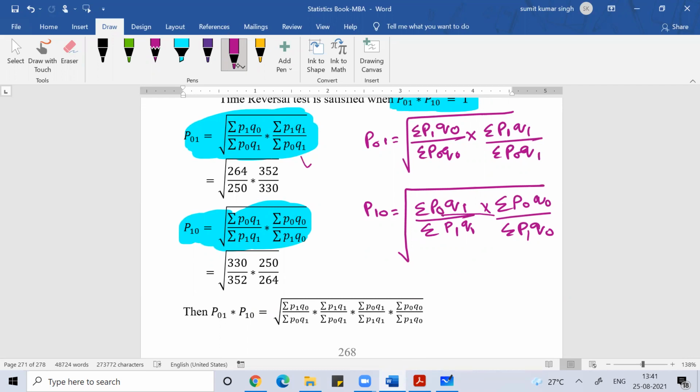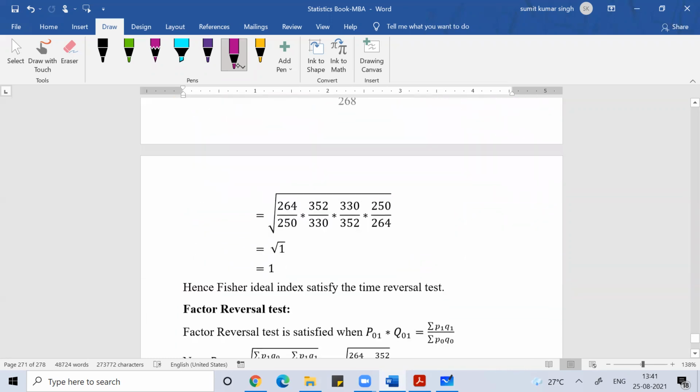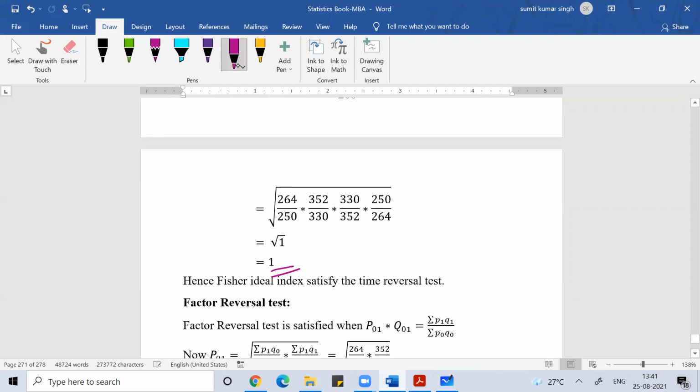If you just put in the values, you can prove this. This is sum of P naught Q naught into P1 Q1 divided by P naught Q naught into P naught Q1. If you multiply them, you will get the value 1.